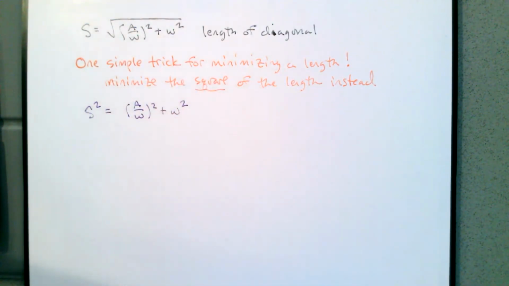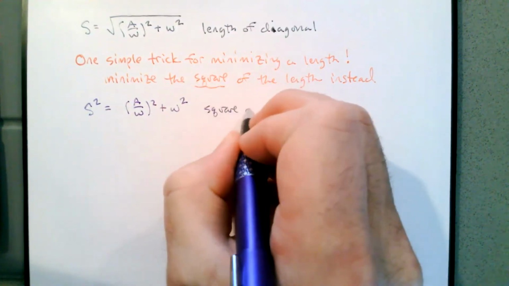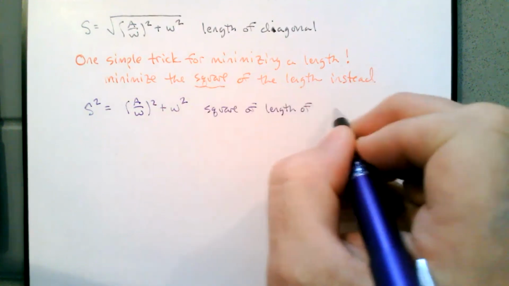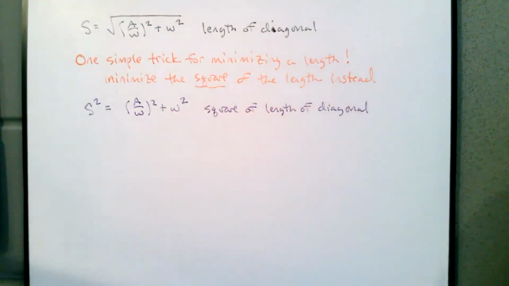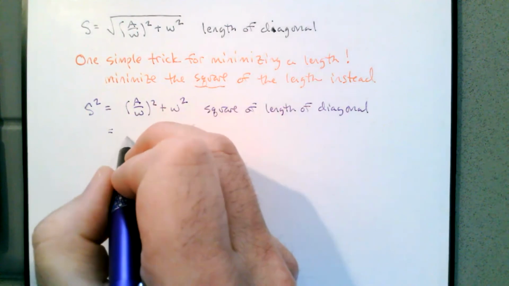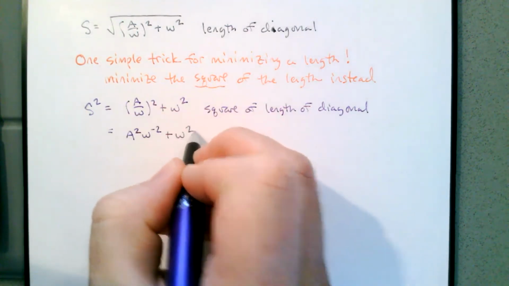Now we don't have to use the chain rule. We can drop that radical part and we'll have a squared w to the negative 2. We'll just have this part.